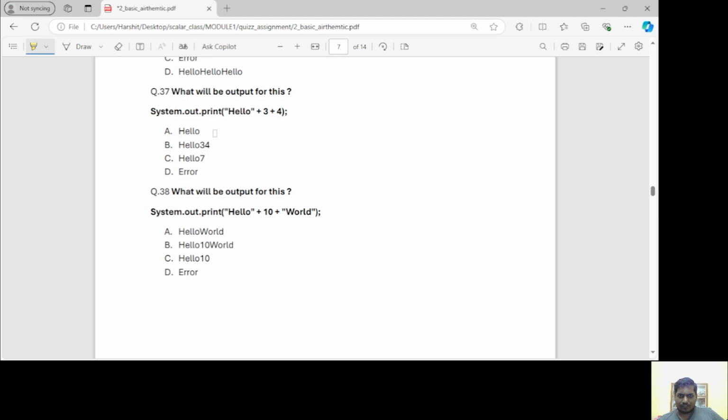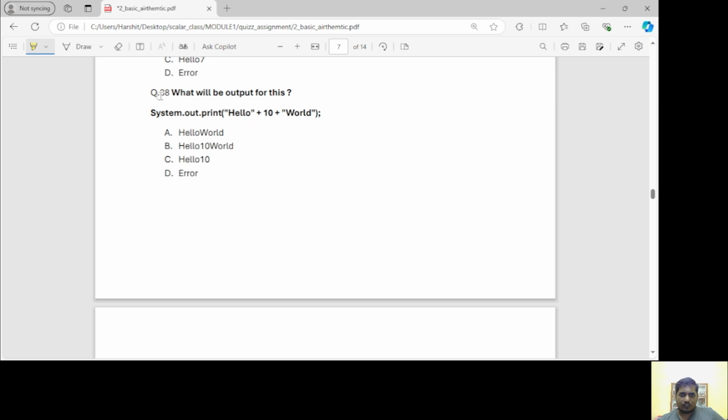Now see question number 37. What will be printed? It will simply print hello 34, because with a string and a number, whatever addition you perform after the string will always give the same values you have given as output. So after the string, there will be no numeric operation on the numbers.